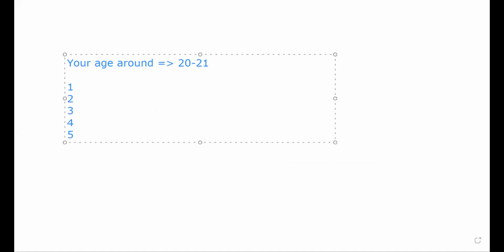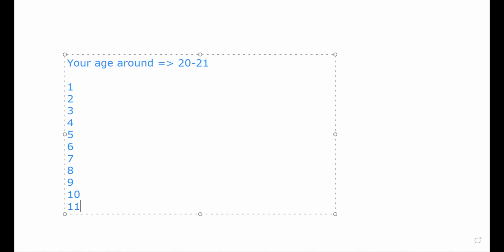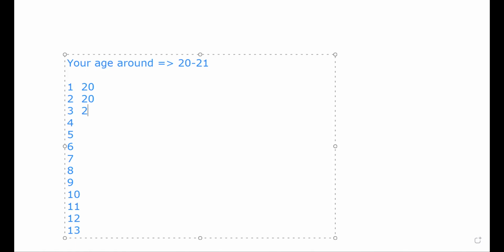This means if in the class there are only 14, for the first sample, second, third, fifth, sixth, 7, 8, 9, 10. For example, we have 13. You have age here, 20. For example, here, 20. 21.